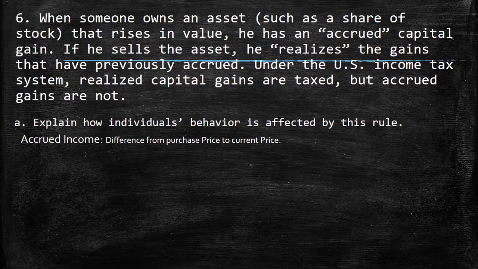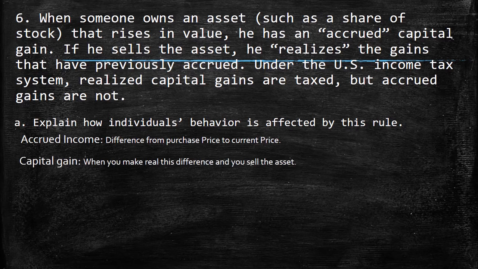For example, you bought an Apple stock at $10, and currently the value is 15. So this gain of $5 is money that you have gained, but you haven't sold the asset yet, so it is still not realized.